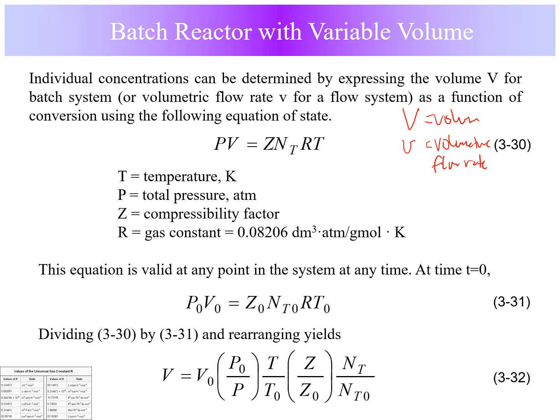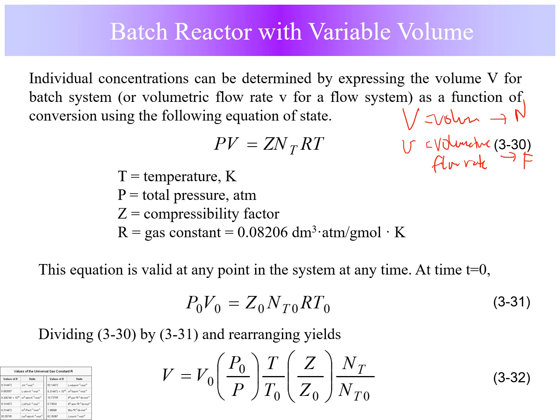So this one we usually use for batch lah, for N number of moles. This one we have for F flow. So as a function of conversion, using the following equation of state, this is the one that you learned in thermodynamics, whereby we have PV is equal to Z NT R T. Remember, as I told you, for the constant volume it should be an incompressible system.